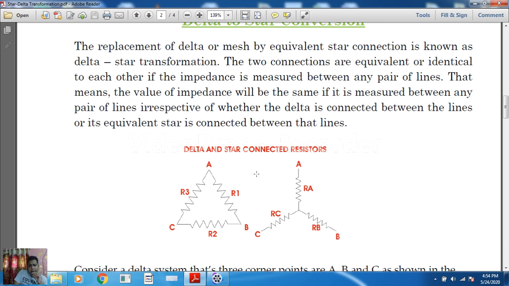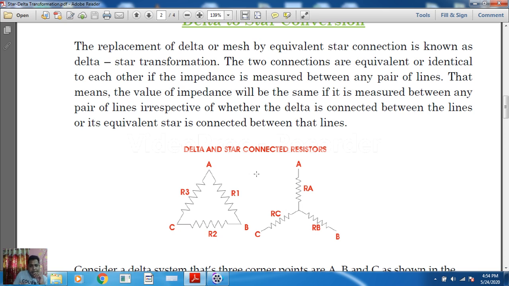Now for the conversion, some assumption we have to make. What is the assumption? We have to make sure that between any two terminals of the star or delta circuit, the amount of resistance present is equal.